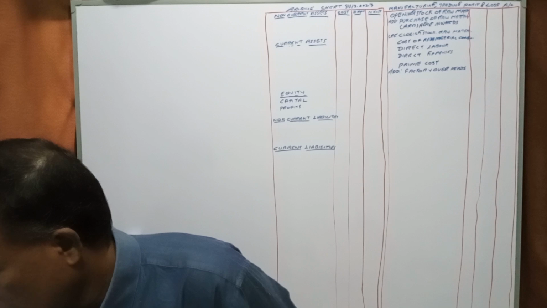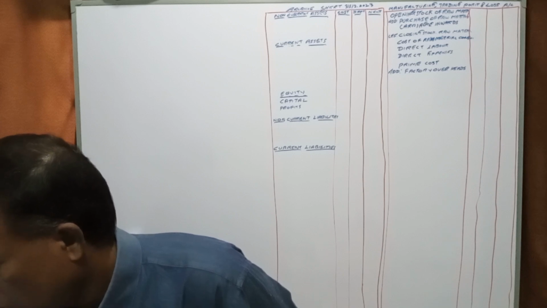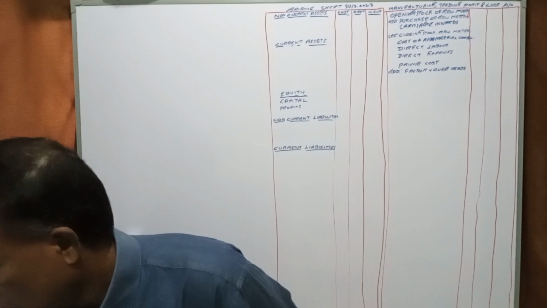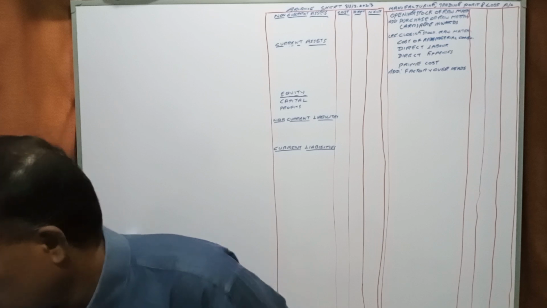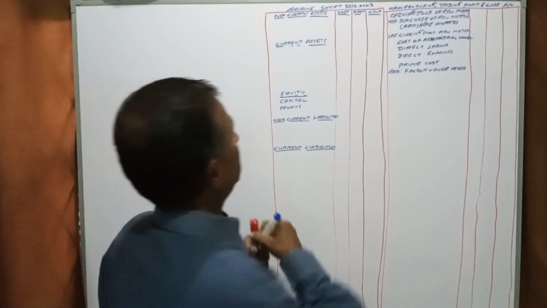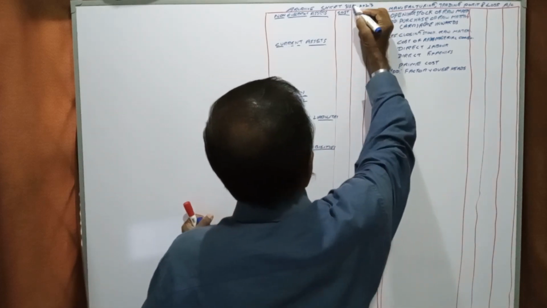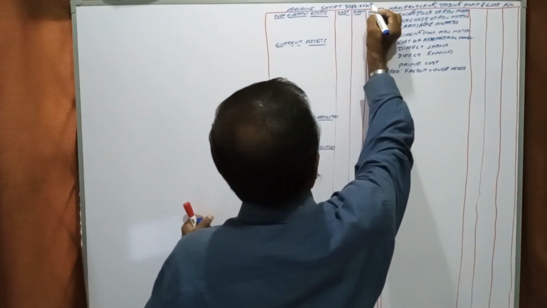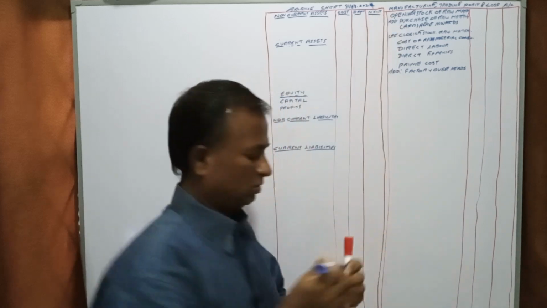The following trial balance was extracted from the books on 31st of January 2017. Sorry, 31st of December. No, 31st of January.